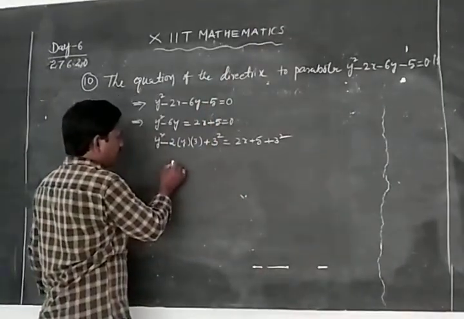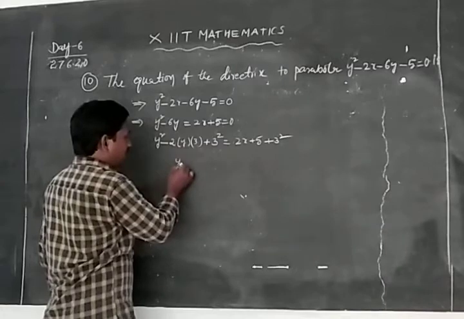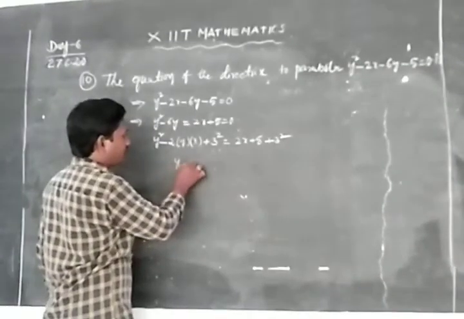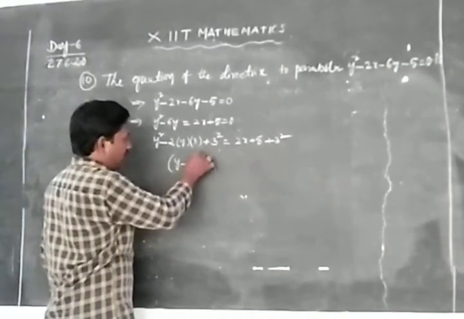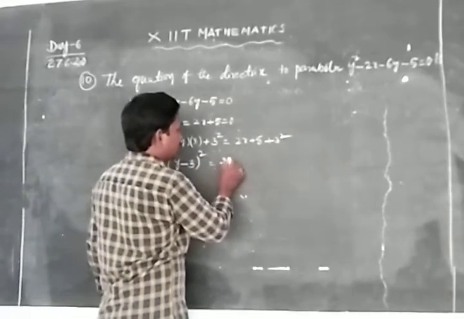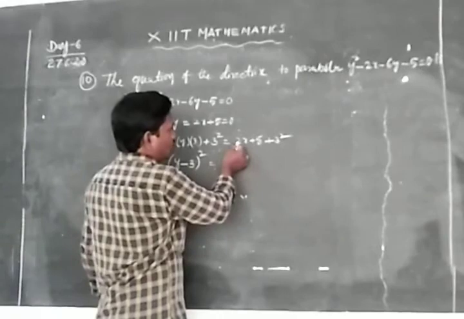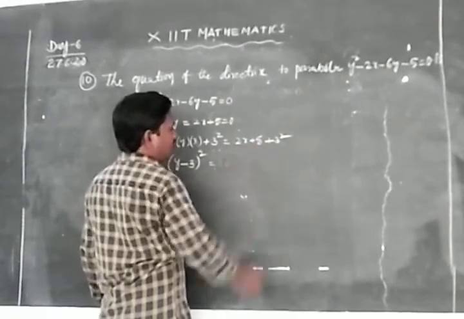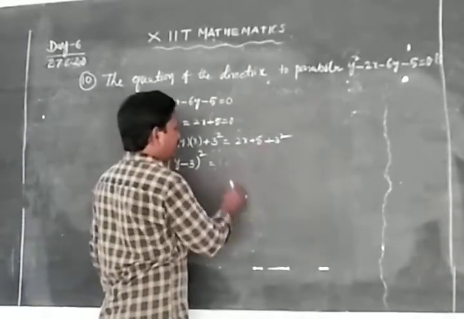So it is y minus 3 whole square. This is 2x plus 5 plus 9, 14.